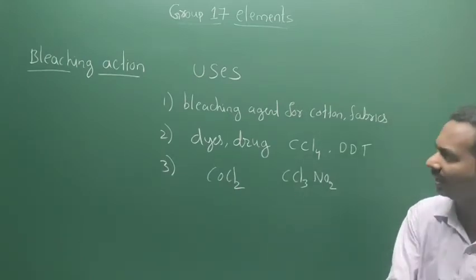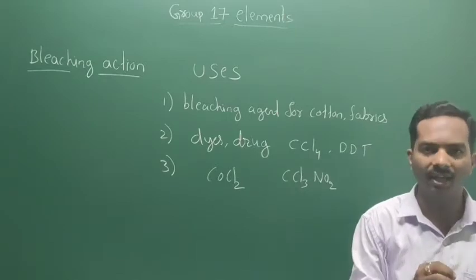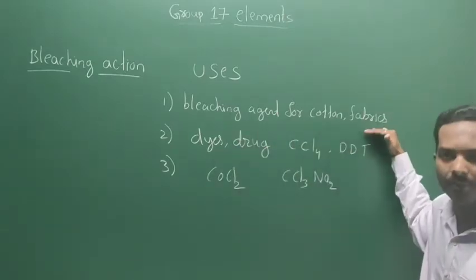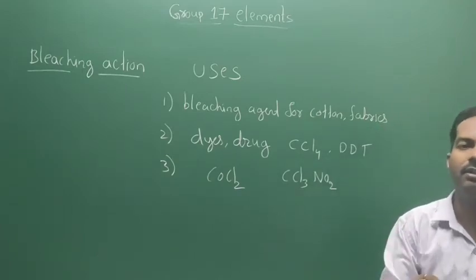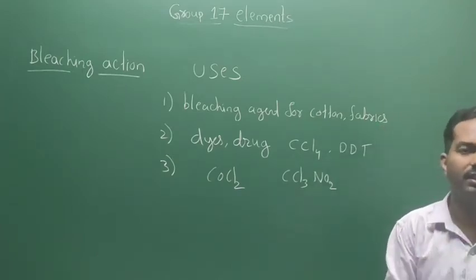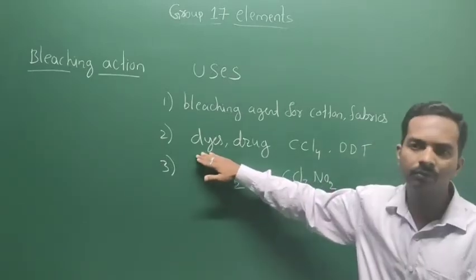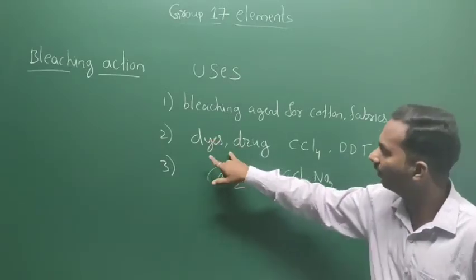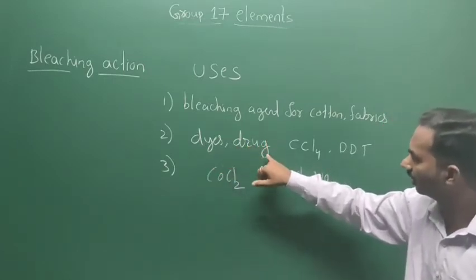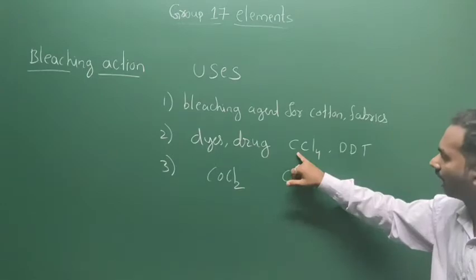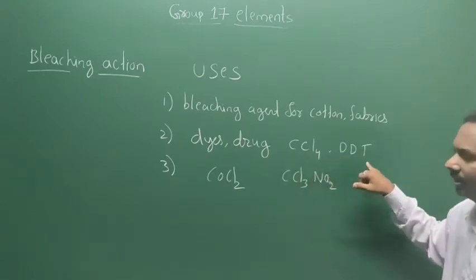So here first one is chlorine is used as bleaching agent for cotton fabrics and paper industries. Second one, chlorine is used for the manufacture of dyes, drugs and some organic compounds like carbon tetrachloride and DDT.